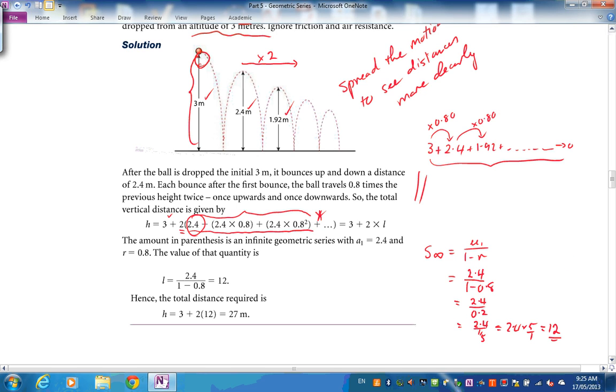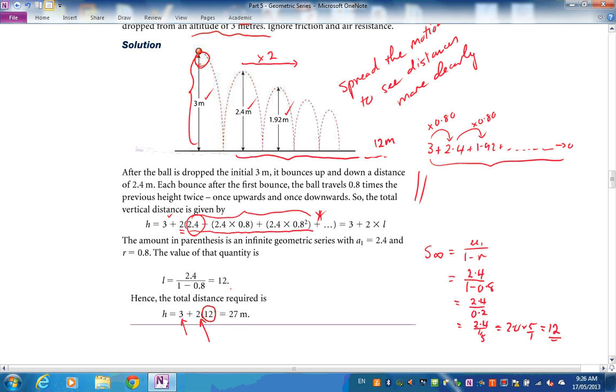So all those bouncings in here, forever, infinite, comes to 12 metres. But they go up and come down again, so we're going to double it. So the ball is dropped 3 metres, and then we've got the doubling of the infinite number of bounces. It gradually peters out to nothing. So the sum of our infinite series, the total distance that the ball travels, is 27 metres.